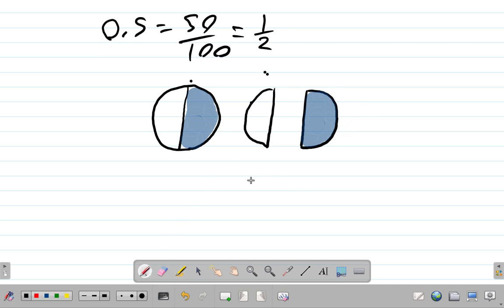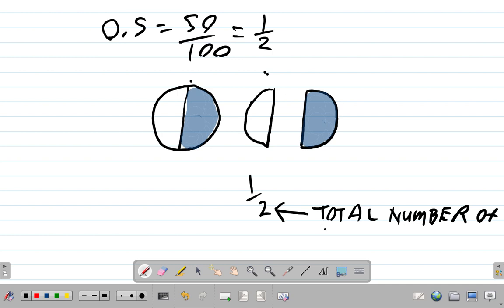Half, what that means? This means the total number of equal parts. I have one whole thing and I cut it up in 2 equal parts. So this now are the total number of equal parts. You see that?